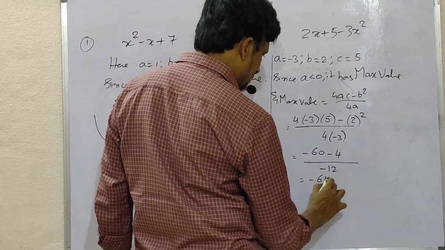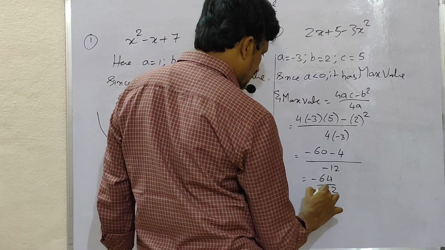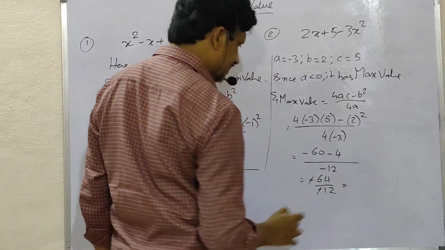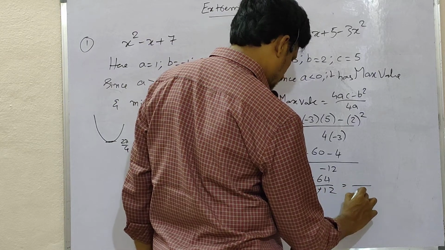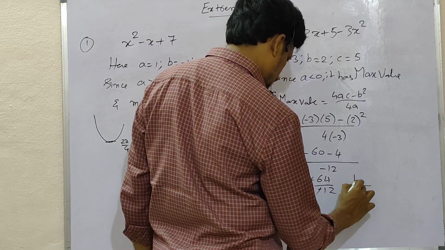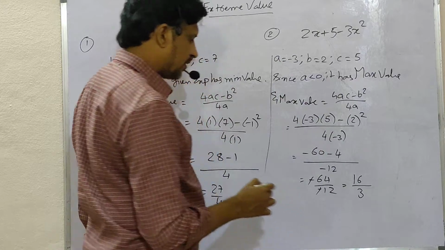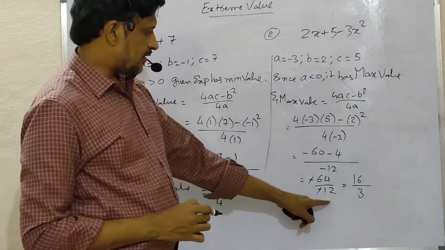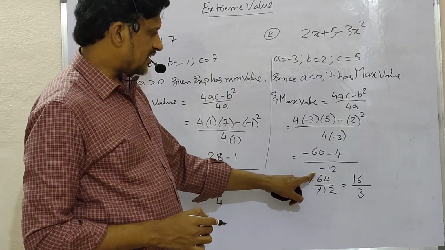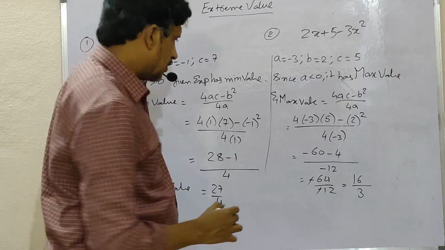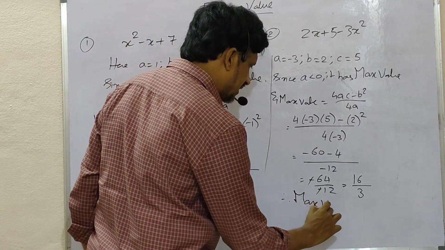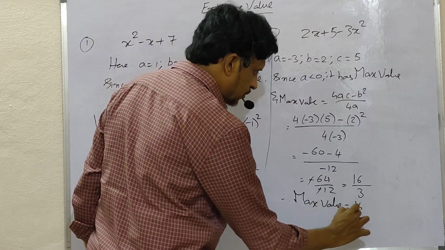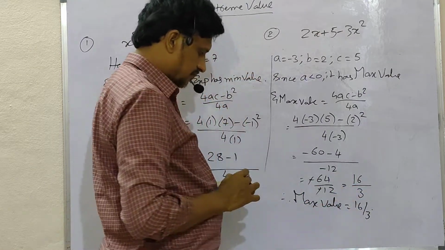That is -64 by -12. These two get cancelled. 4 is the common factor there: 4 threes are 12, and 4 into 16 gives 64. So the maximum value of the given expression is equal to 16 by 3.